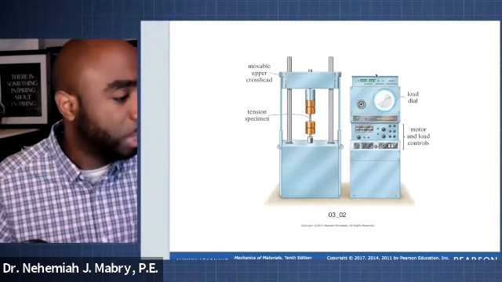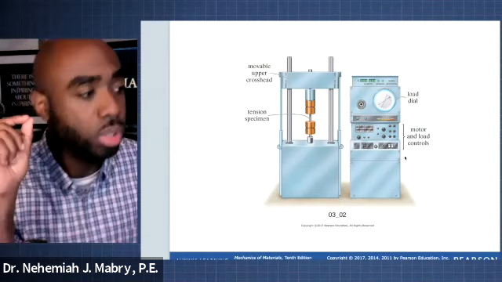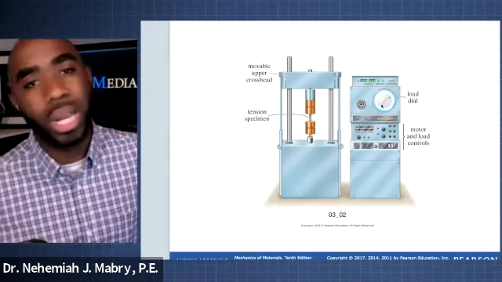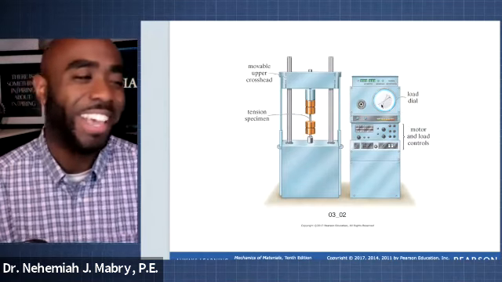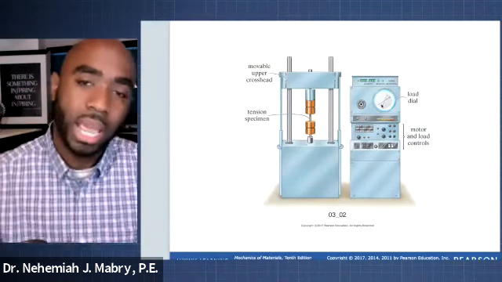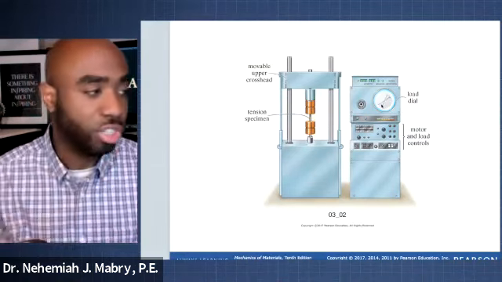Typically these machines are very precisely controlled. They have a load dial where you can see how the load is doing. A lot of them are digital today, but they show the load that's been applied so that you can correlate it between that and the strain you're seeing.